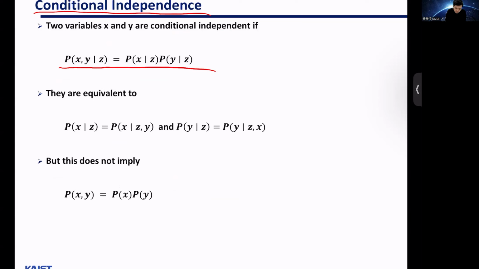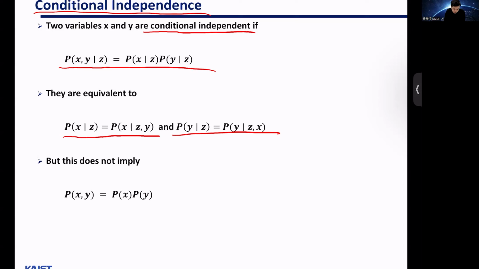That's called conditional independence. And this is equivalent to probability of x given z equals probability of x given z and y, and probability of y given z equals probability of y given z and x.